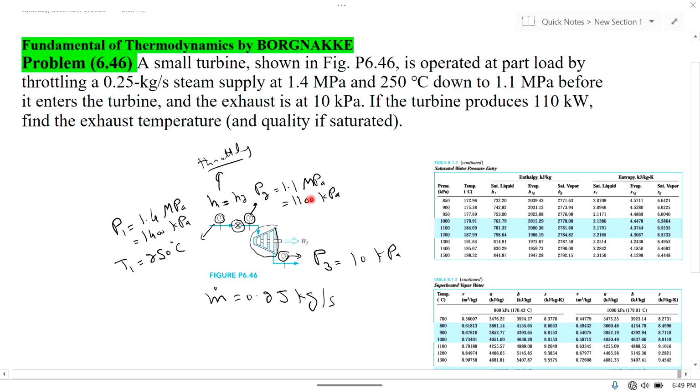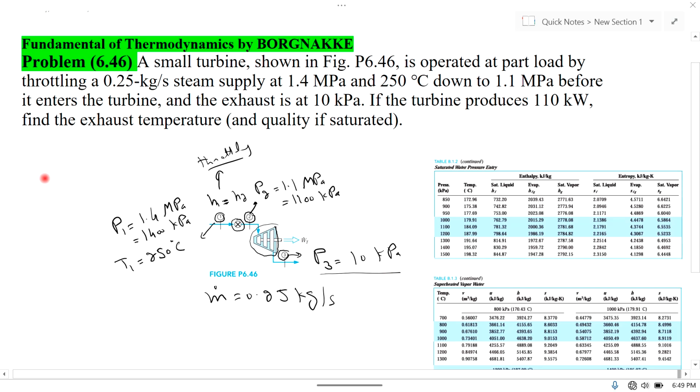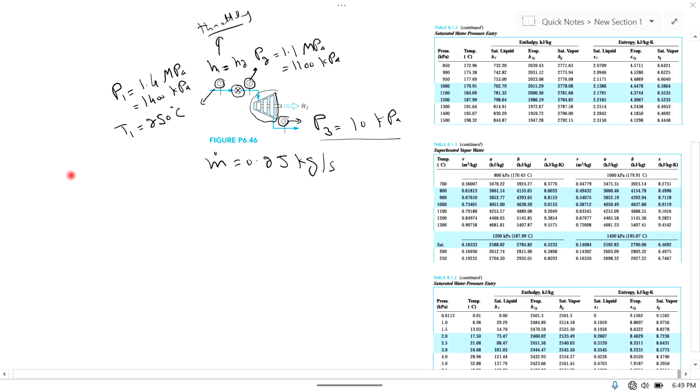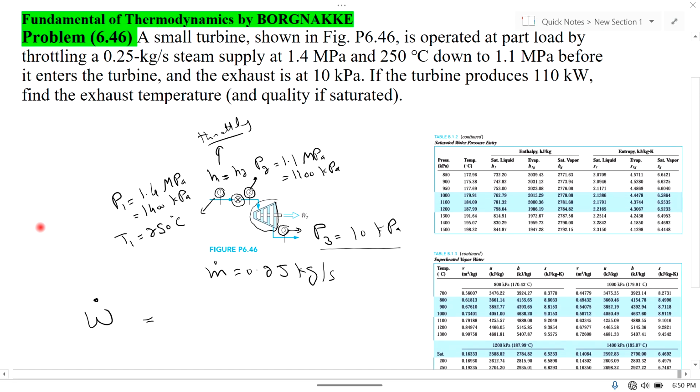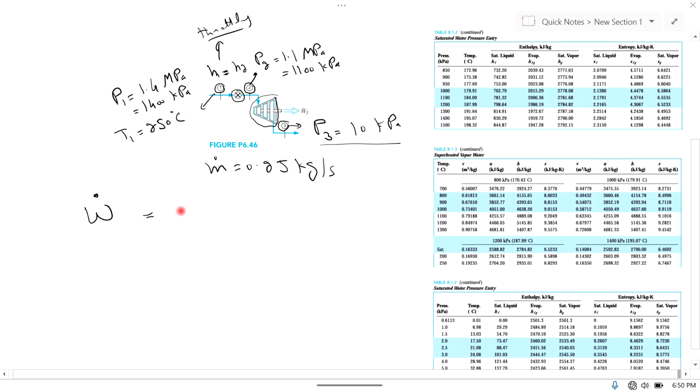Before the entrance of the turbine, pressure dropped to 1.1 megapascal, and the exhaust is at P3, which is equal to 10 kilopascal. If the turbine produces 110 kilowatt, we know that the turbine produces work output. So work output W dot, in kilowatt, is equal to 110 kilowatt.